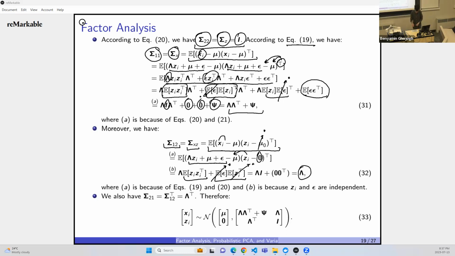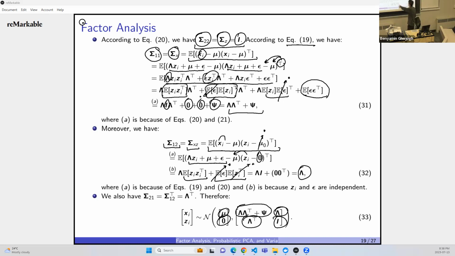And we know that sigma 2, 1 is sigma 1, 2 transpose, because covariance needs to be a symmetric matrix. Therefore, we found all elements. This is I. This is lambda lambda transpose plus psi. This is lambda. This is lambda transpose. Right? And the mean of Xi is mu. The mean of Zi is 0.